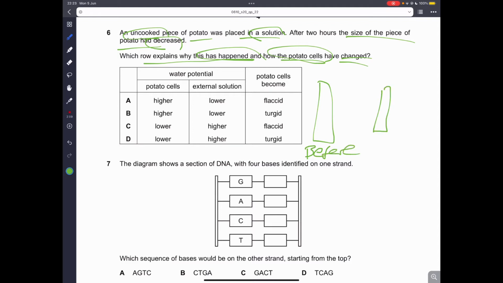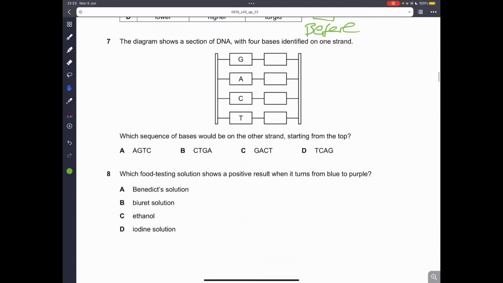The potato stick's mass, size or length has decreased. This means the cells have become more flaccid. The water potential in the potato cells is higher and the external solution is lower, and therefore the water from the cells goes out to the solution, and therefore A is the correct answer.